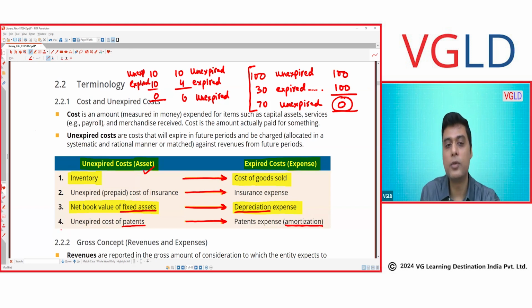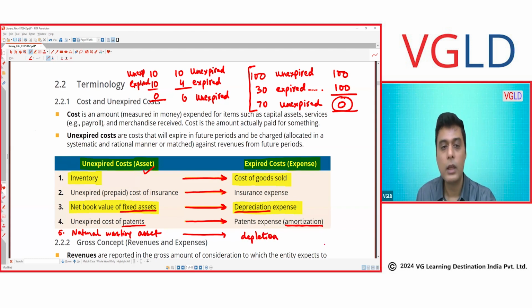There could be other items, for example, natural wasting assets like oil mine, coal mine. Natural wasting assets will go into the income statement as depletion expense, right? Inventory will go into the income statement as cost of goods sold. Prepaid will go as an expense. Fixed assets will go to the income statement as depreciation.